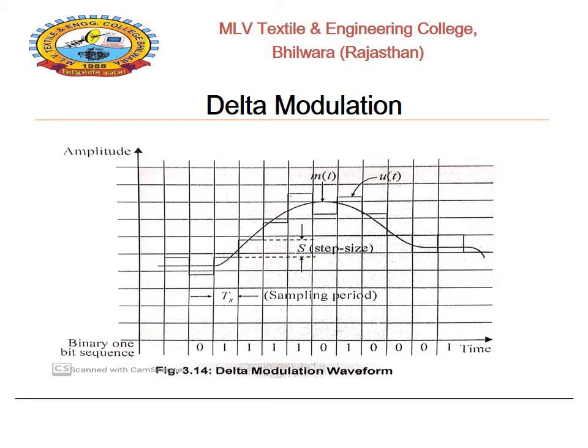In this first section, u of t is increased as compared to m of t, and next u of t decreases. Because of that, u of t approximates the continuous signal m of t. When u of t decreases, the step size is reduced, and it represents the binary 0.